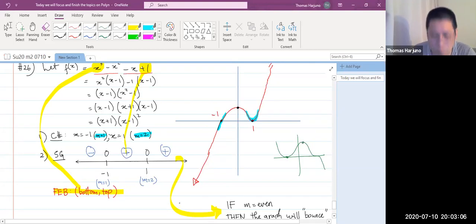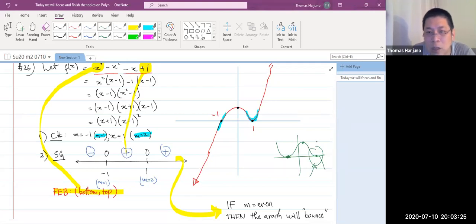Actually, even more, because this is an even-multiplicity zero here, right? But this one will not be degree 1. That kind of zero, the way it behaves around that x-intercept, it doesn't cross as a line, it crosses curvy, right?